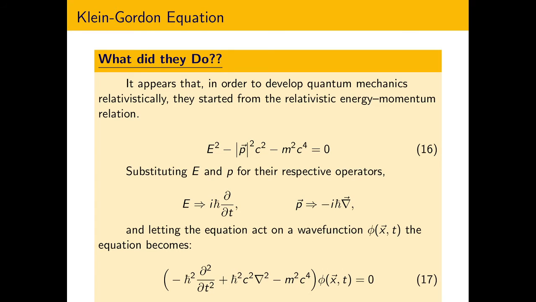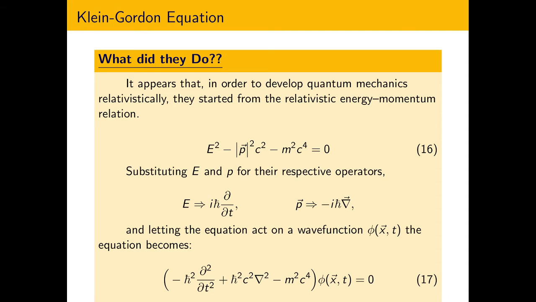So this is essentially the Klein-Gordon equation. An important point is that the wave function phi of x, t here can also be called a field, because the arguments, x bar, which is just x, y, and z, extend all over space time, so it can be considered as a field.